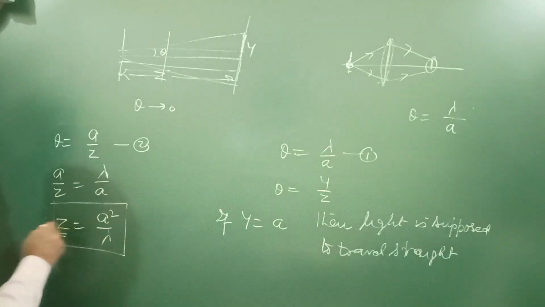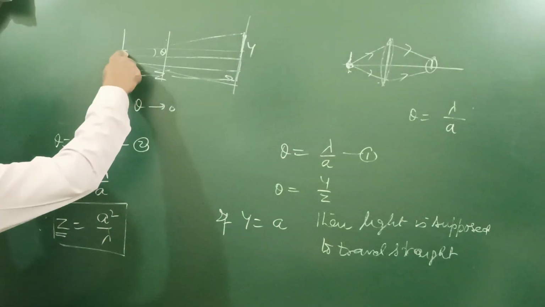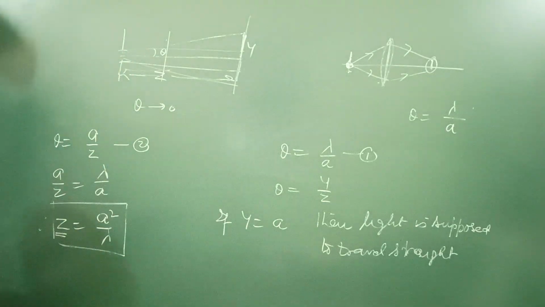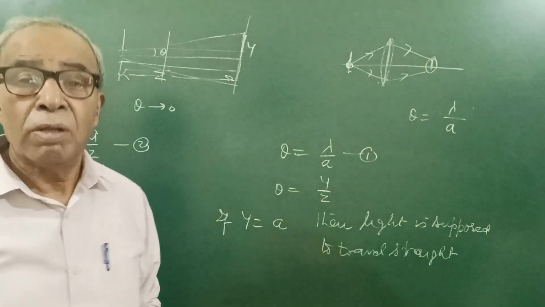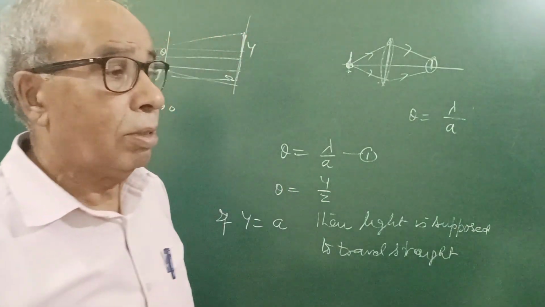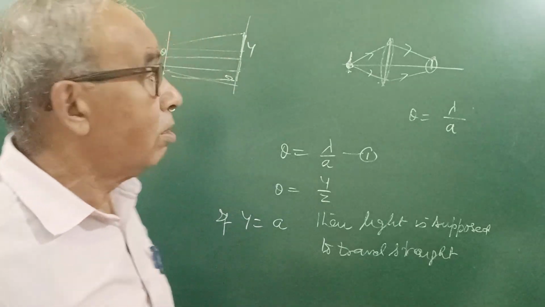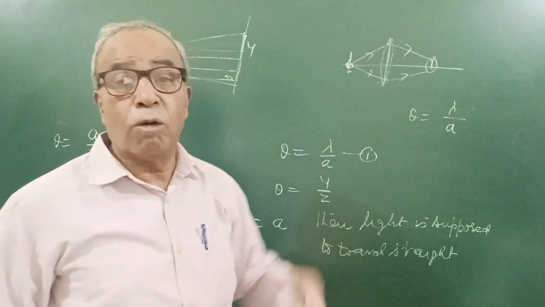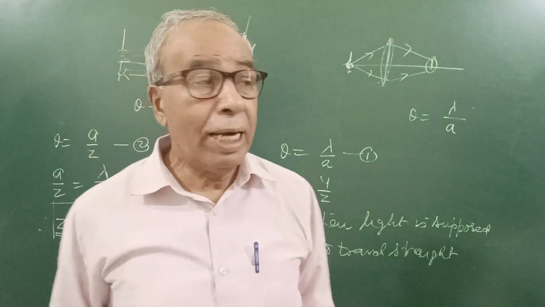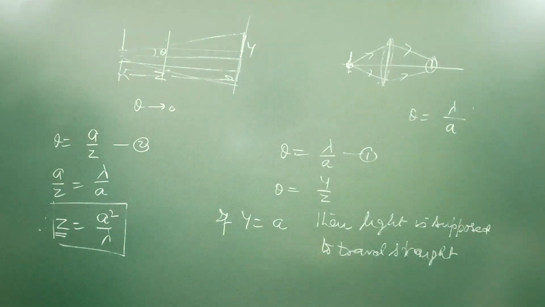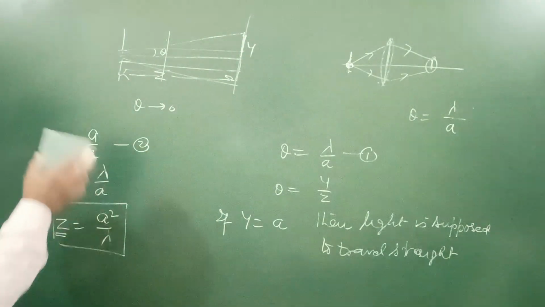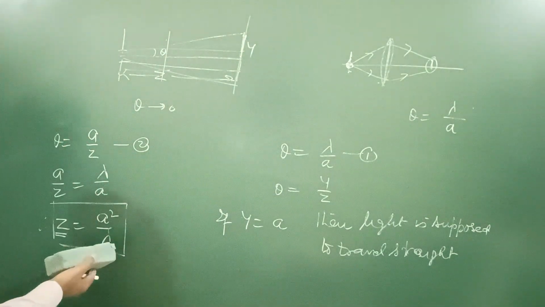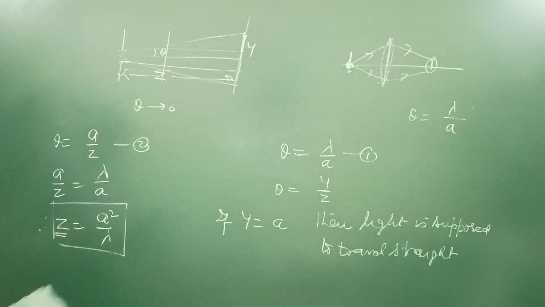Up to this distance z, which is determined by size and wavelength, we can think that light travels straight. Light always travels straight, but because of diffraction it bends around the corner. Up to what distance can we suppose that light travels straight? So, because of this nature.